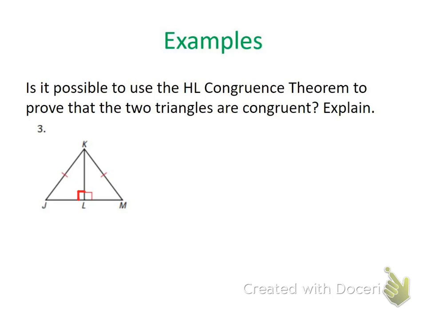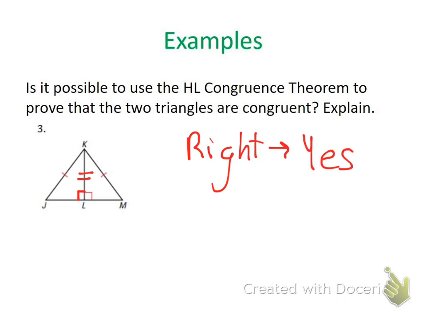Since two sides are touching, we're going to go ahead and draw the line. So first of all, is there a right angle? Yep, on both of these. So right is a yes. Is there a hypotenuse marked? The hypotenuse is across from the right angle.